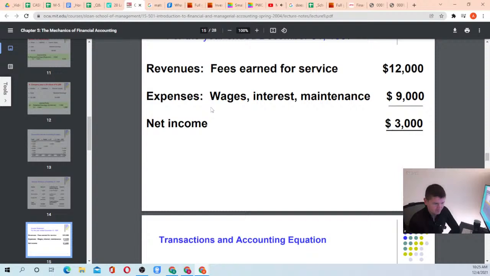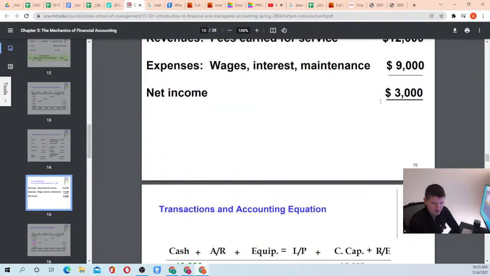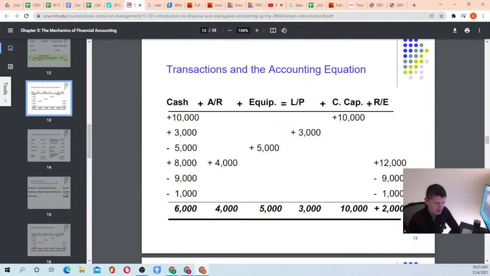Okay. So net income is 3,000. In that situation, cash is like 6. We generated 6,000 in cash, but our net income was only 2,000. And that's mostly because we injected 10,000 in equity into our company.